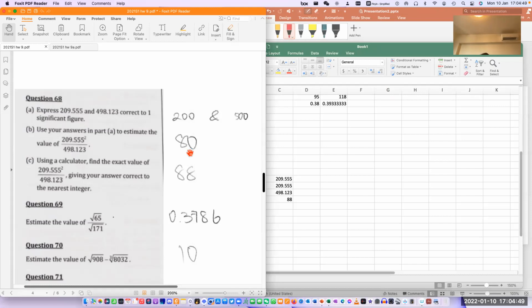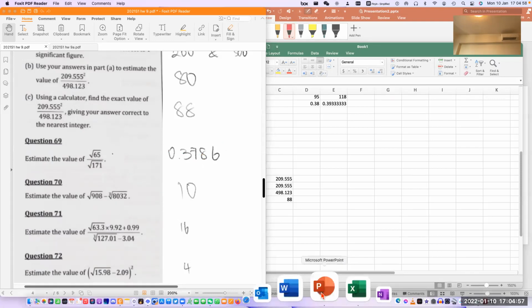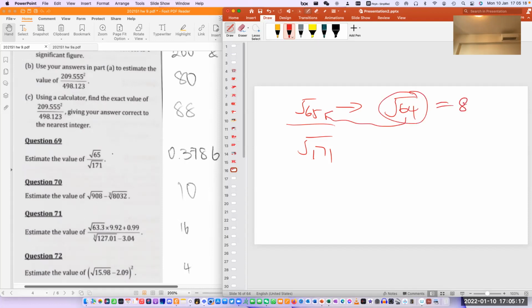Good. Over here it says estimate. So when you need to use an estimate, you shouldn't end up with this answer. Let me show you how you should use estimate to get this. Square root. What this question wants you to do is, what is a square root that gives you a whole number? 64. 64 is very close to 65, and when you square root 64, you get 8.